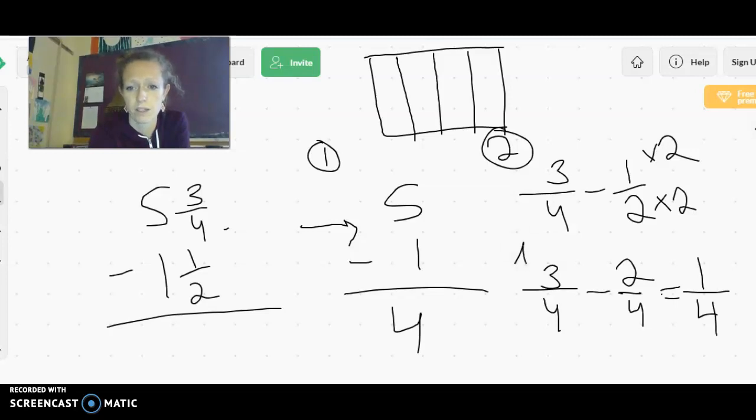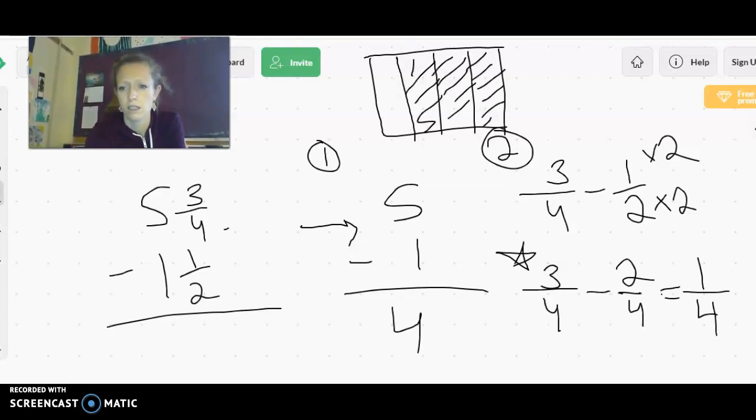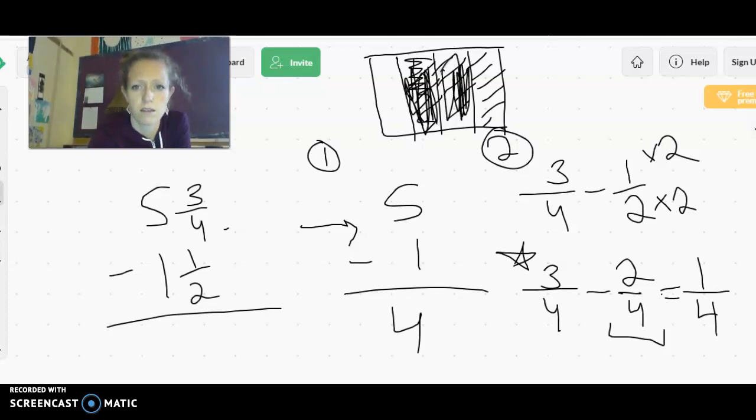And I'm going to look over here at my simplified fraction. I have 3/4, right? So 1, 2, 3. How many fourths am I going to take away? 2. So let's say we take away this one, make it even darker, and then we take away this one.